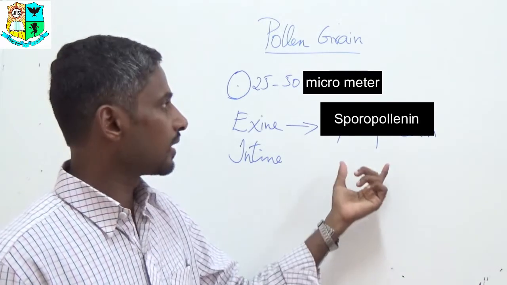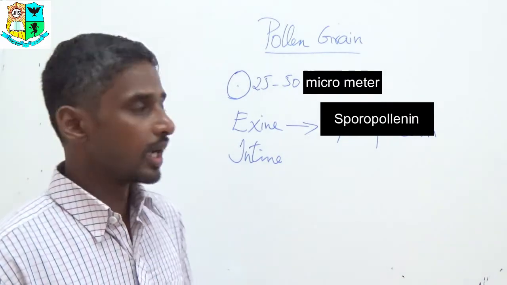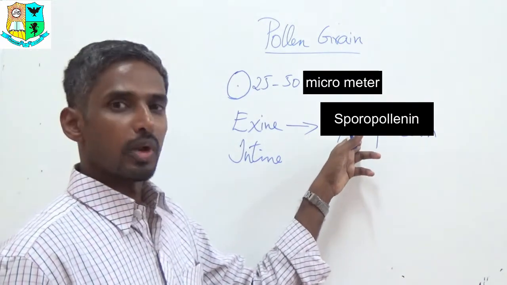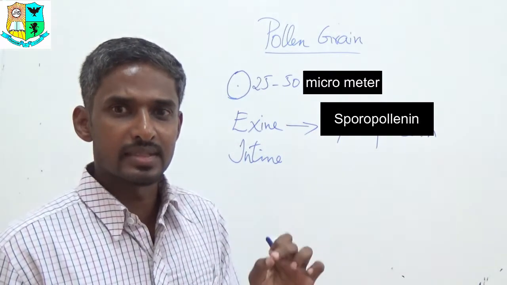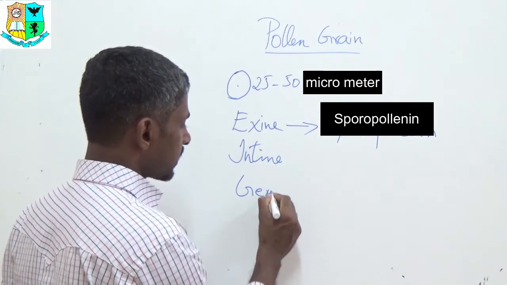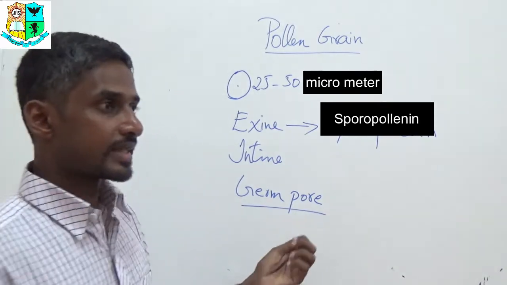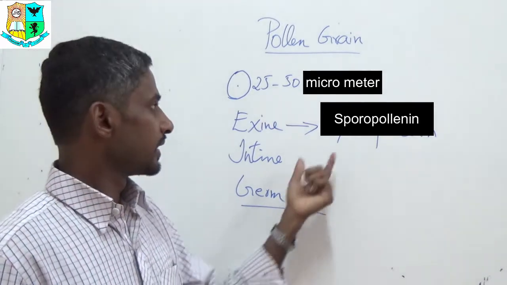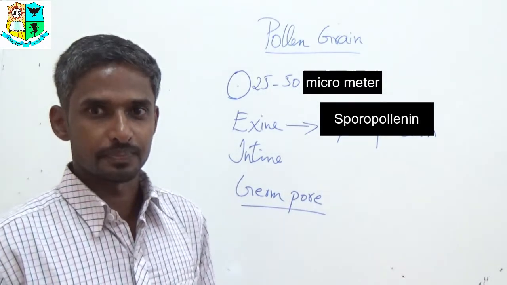So it is a chemical which protects the pollen grain from the outside. Now this sporopollenin is present everywhere on the exine except one part, that is the germ pore. I will tell you what is the function of this germ pore. Except in this place, the sporopollenin is present in the entire area of exine.